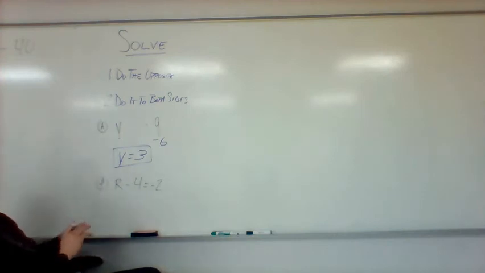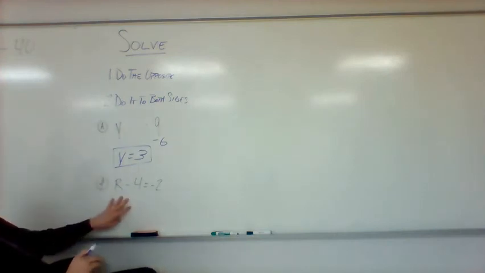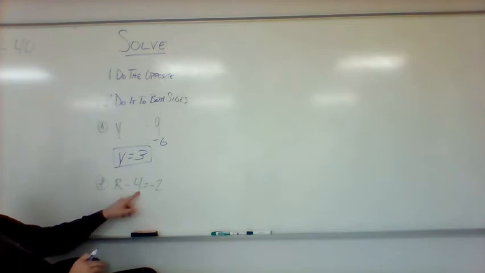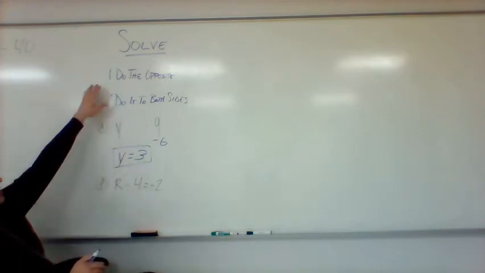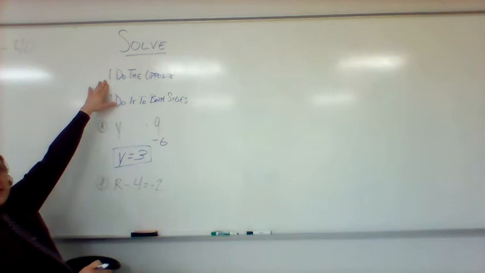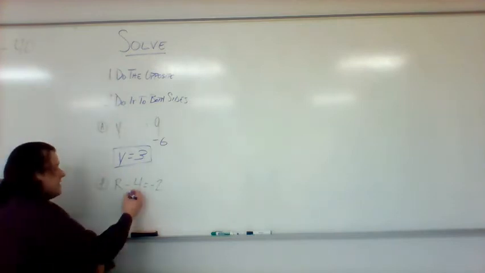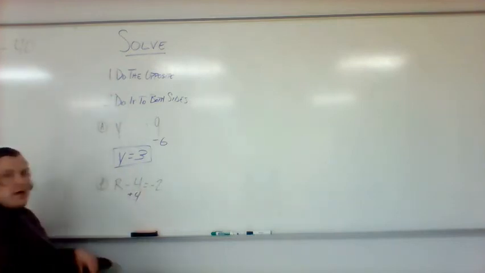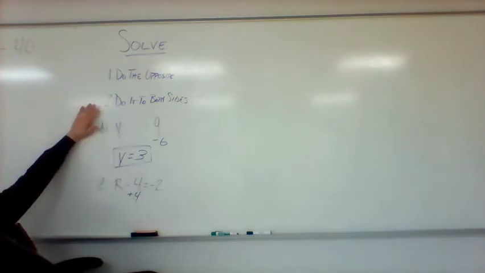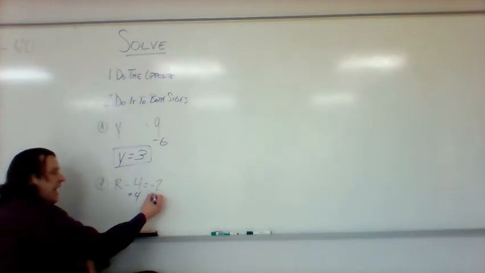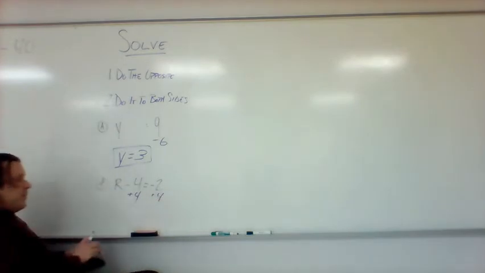Okay, let's try this next one. Problem F says -4. So rule number 1 says do the opposite. The opposite of -4 is +4. And if I'm going to do that to both sides, if I want to add 4 to both sides, I need to add it over here.